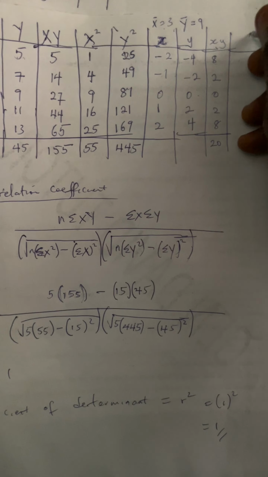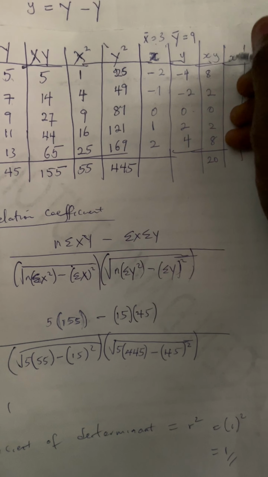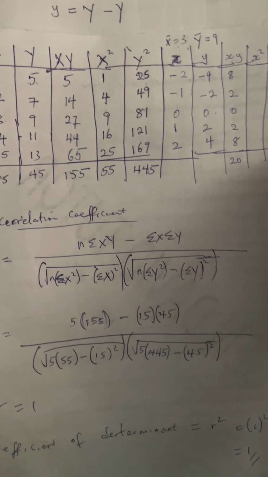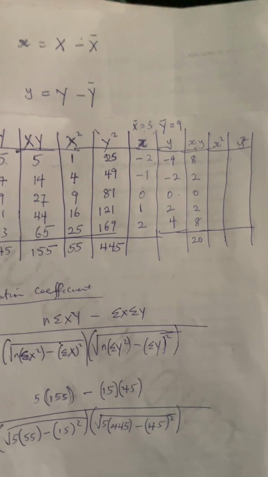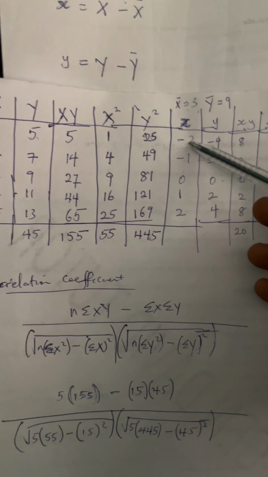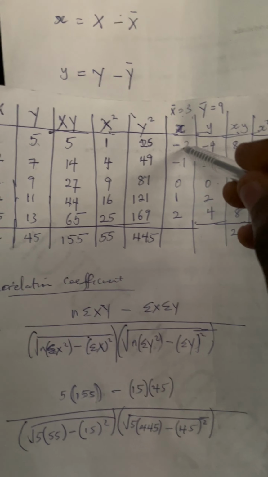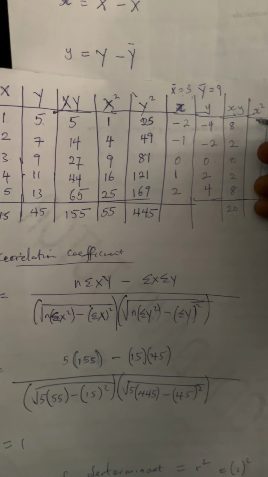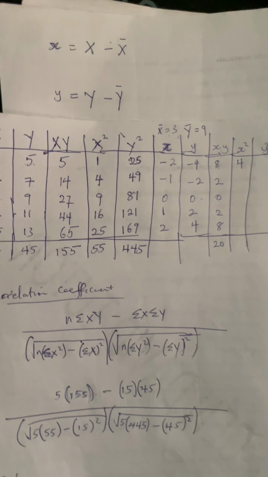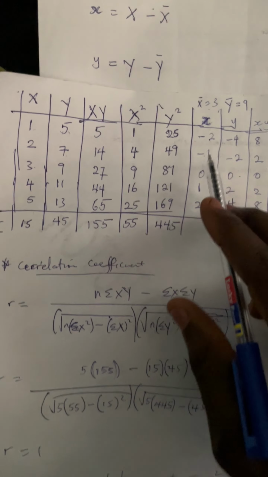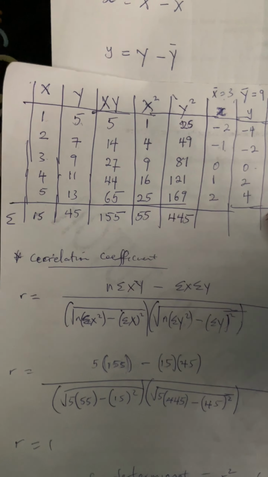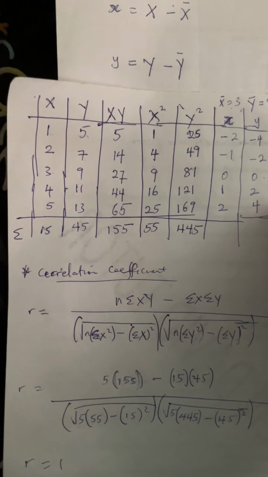Next one we need is x square and y square. Small letter x square and small letter y square. Now small letter x square, don't forget we are using the lowercase. Minus 2 square will give us 4. Then minus 1 square will give us 1. 0 square will give us 0. 1 square will give us 1.